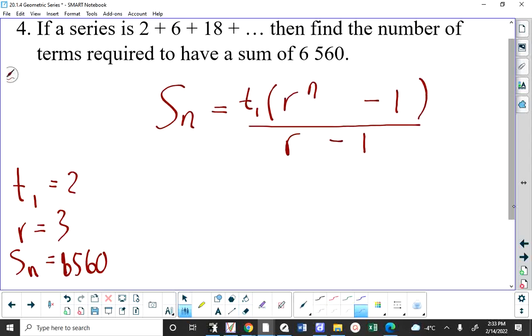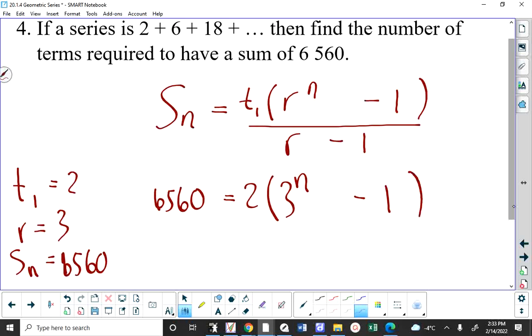So what we get here, we'll get 6,560 equals 2 times 3 to the n minus 1. And look again how I separate that minus 1. Like it's minus 1. It's way over there. Over 3 minus 1. Probably shouldn't come as a big surprise to you that you do not know how to rearrange that, since the variable you're trying to find is in the exponent.